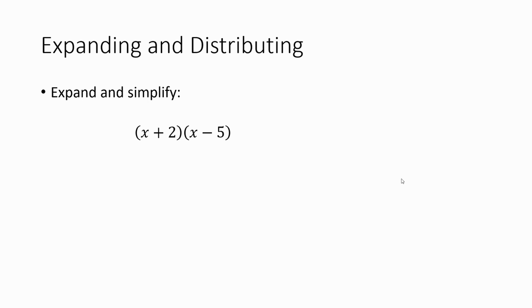If you have two parentheses, we'll be using FOIL. And it gives time for you to follow along on your own. x squared, and then we'll have the x times the negative 5 as the outer pair, plus 2 times the x, and then plus 2 times the negative 5 as our final part.